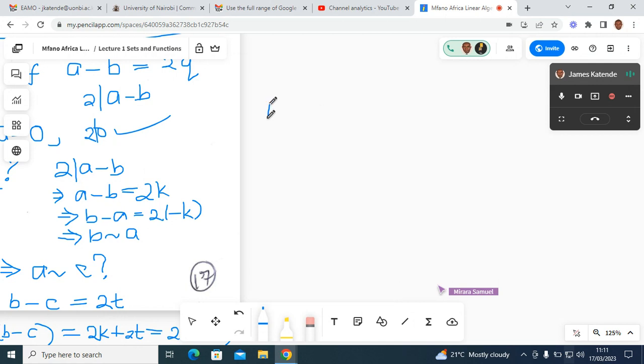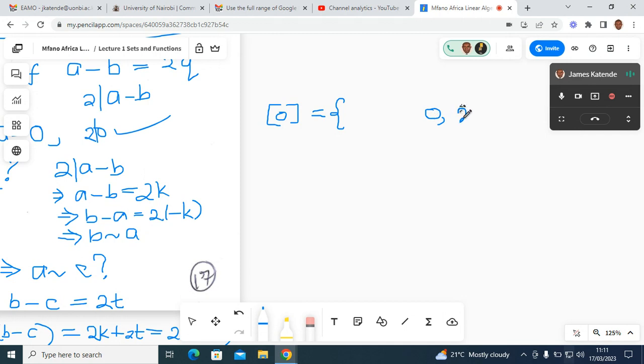We can pick, say, a number like 0 and find all numbers that are related to 0. So the numbers that are related to 0 will be the numbers whose difference with 0 is a multiple of 2. So you can obtain those numbers easily by starting with 0 and adding multiples of 2 to 0 to get numbers whose difference with 0 is a multiple of 2.